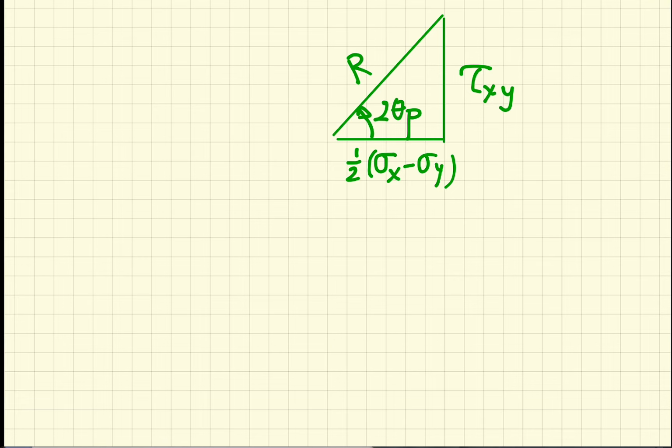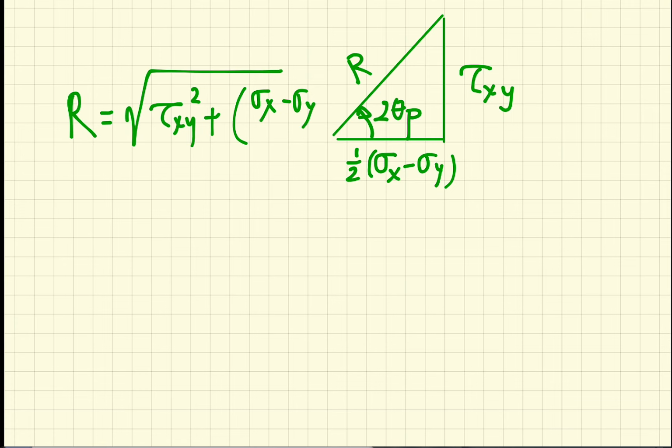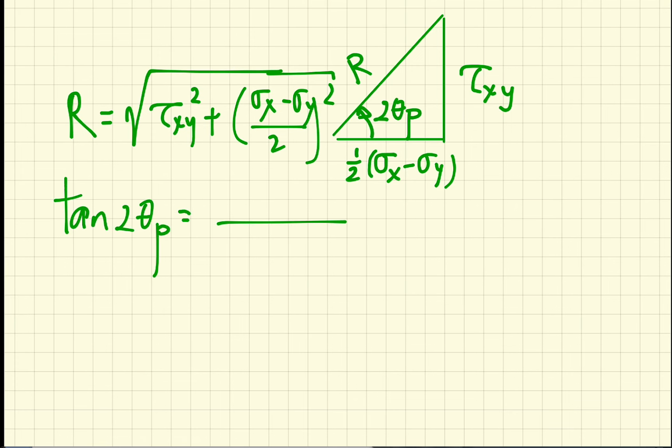So this radius, or the diagonal, is the square root of tau xy squared plus sigma x minus sigma y over 2 squared, and tan 2 theta p is equal to tau xy over this amount, so it'll be 2 times tau xy over sigma x minus sigma y.